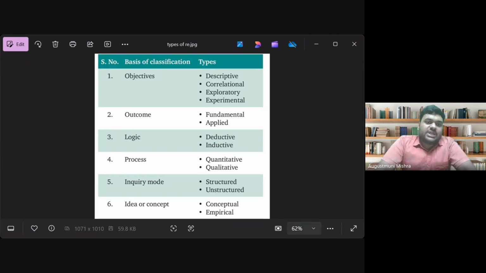Okay, means first you start with the hypothesis based on the theory or research, whatever you have. In the case of inductive, you are starting with the observation, but in the case of deductive approach, you are starting with the hypothesis which you get from the particular theory or principles. Then to test that hypothesis, you are collecting data. Okay, and after that you make a decision whether whatever hypothesis you took, you have to accept it or reject it.